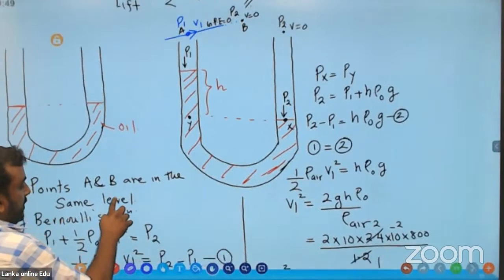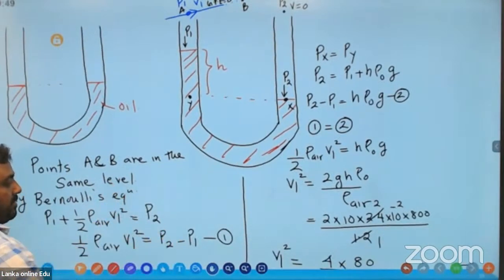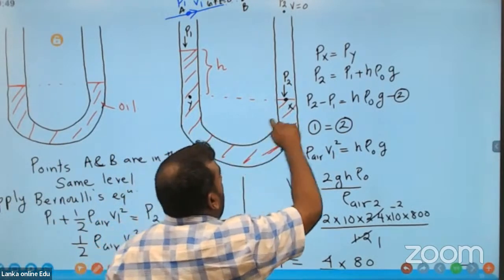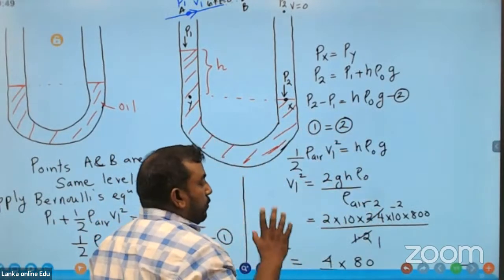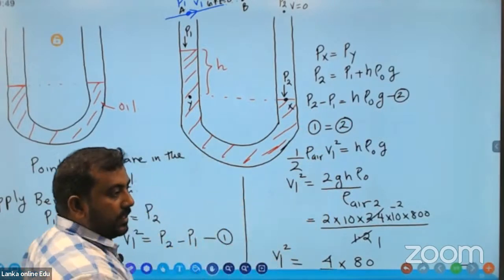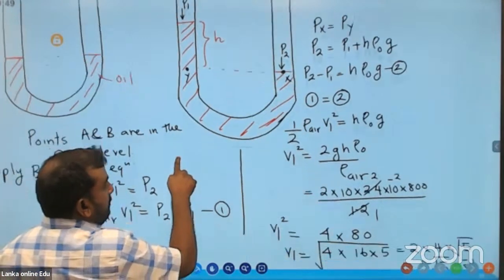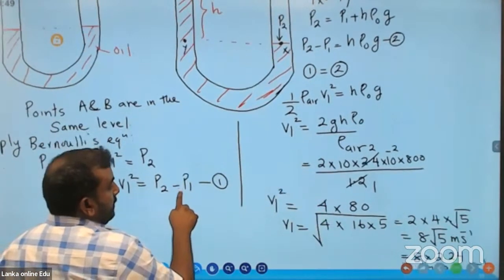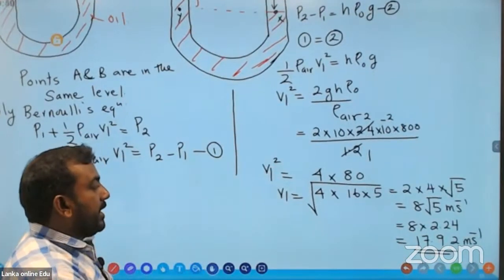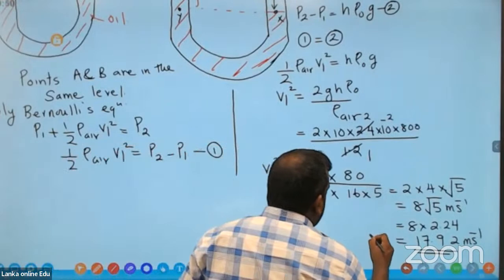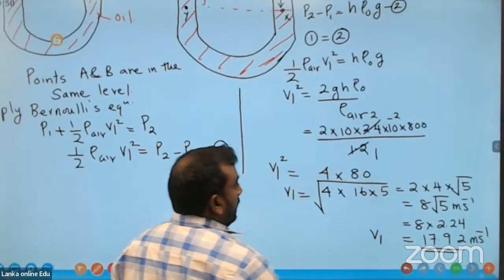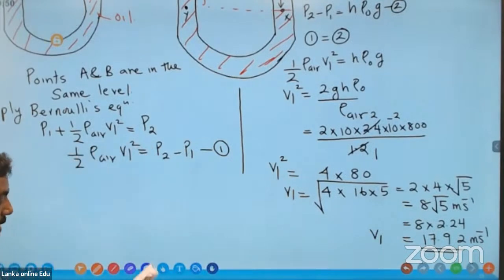Once you apply Bernoulli's equation, we have equation number 1. Then we can say pressure at x equals pressure at y, equate the pressures. Once you equate the pressures, you can find the velocity of the stream of air. Simplify it, and here you go, 17.92 meters per second, that's the speed of air.